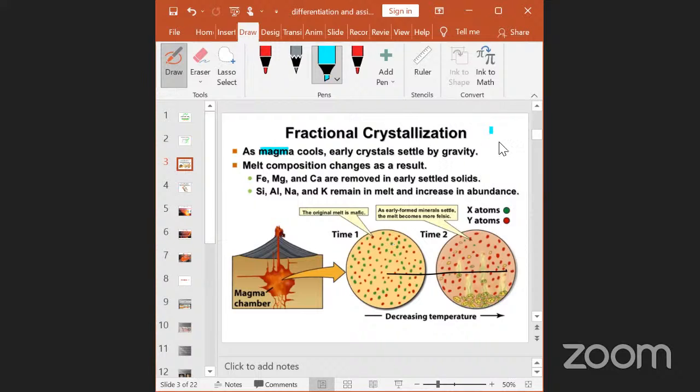It is done in two ways: through localization of crystallization, and second, relative movement of crystals and liquids.